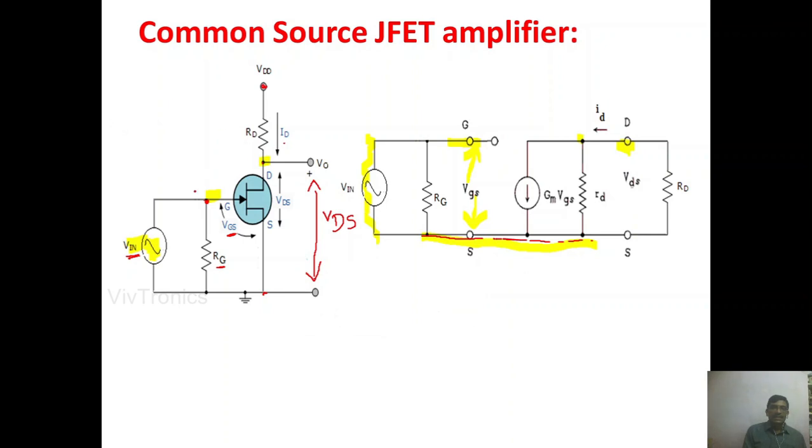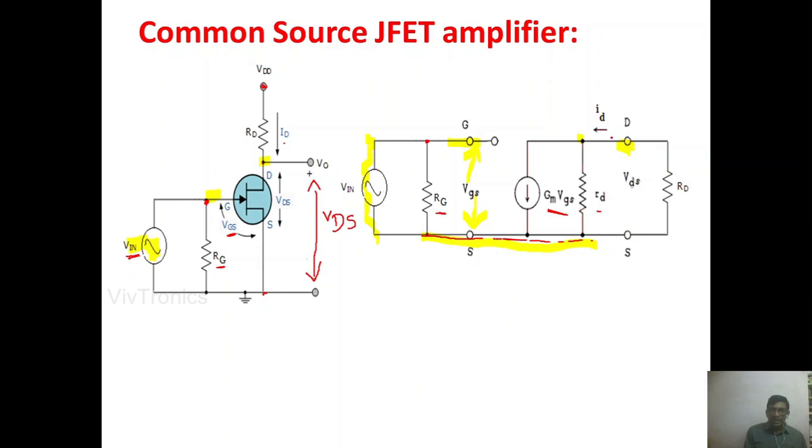And there is a resistance RG given between the gate terminal and the source terminal. At the output side of the JFET we have the GM VGS source along with the RD drain resistance.